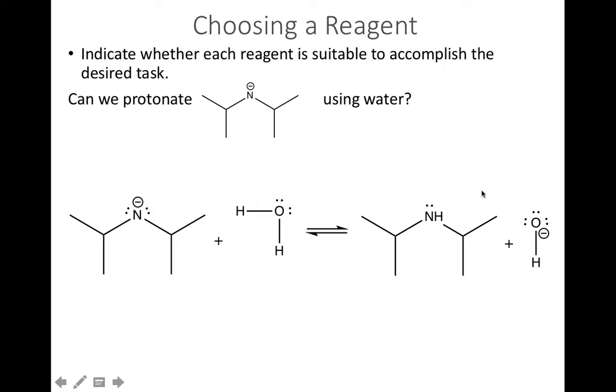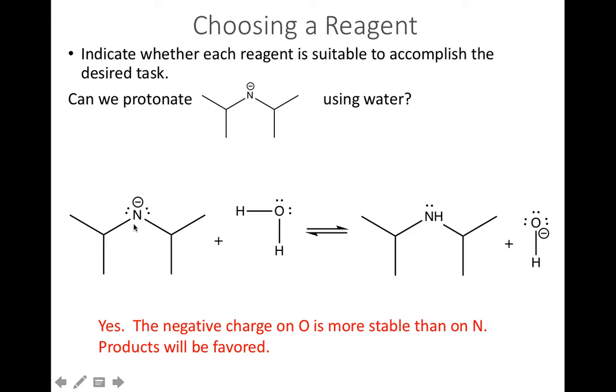Nitrogen and oxygen are in the same row, so they're about the same size. Oxygen is more electronegative than nitrogen, so this base is more stable. So products will be favored. When I mix these two compounds, they will turn into products, so water can be used to protonate this compound. If we had decided that the reactants were more stable, then the answer would have been no.